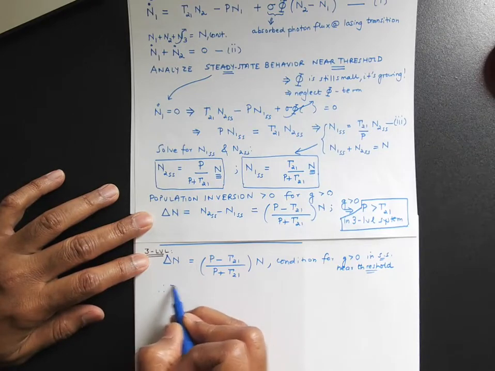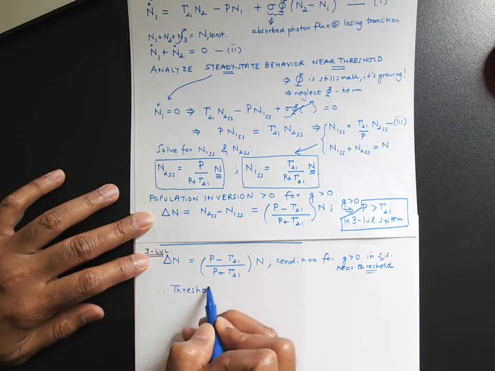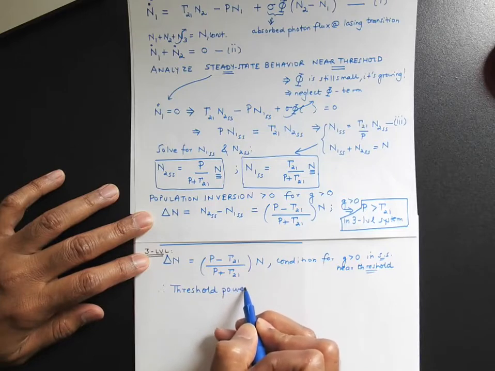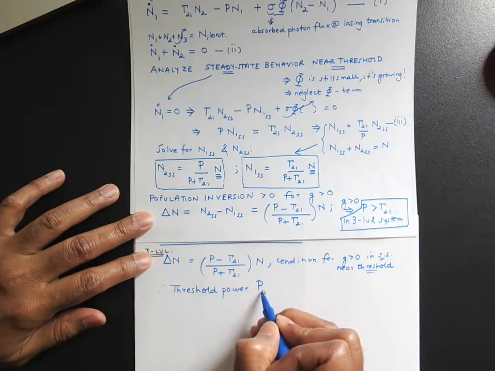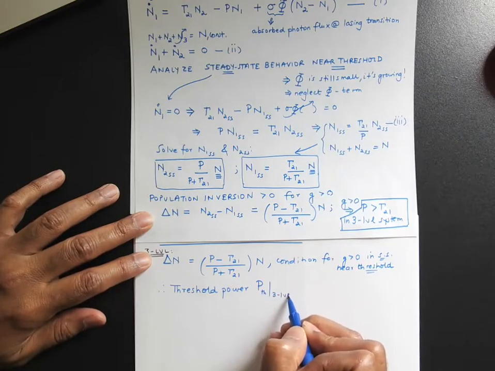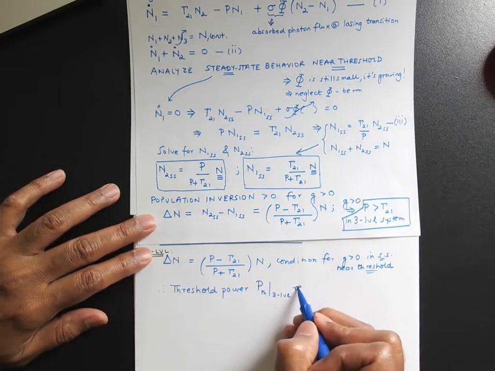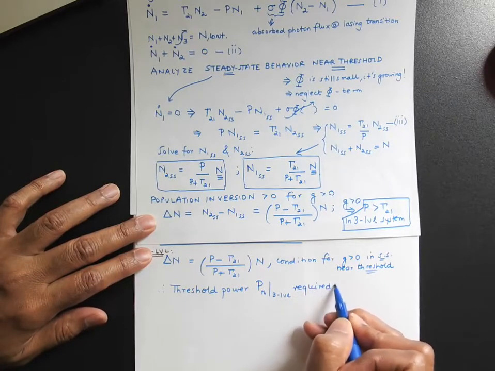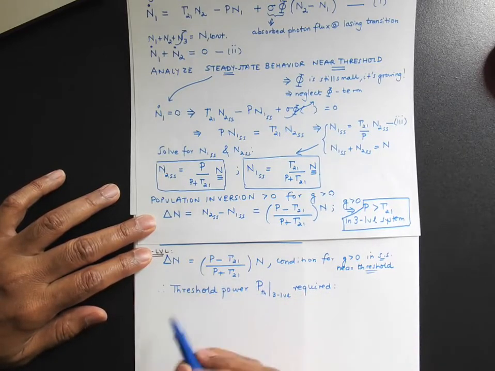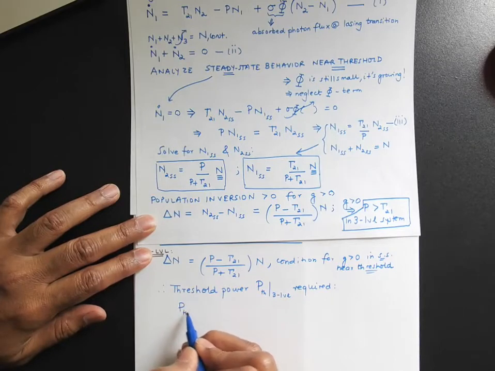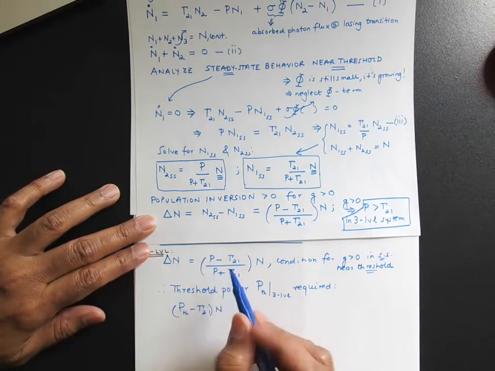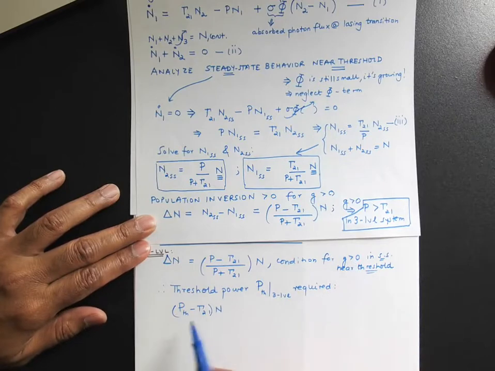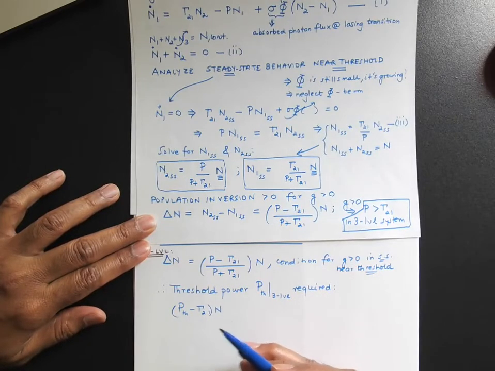From this, I can actually find the threshold power, and I will put in numbers like I did last time. This threshold power, P threshold, for the 3-level that is required, just by rearranging this. At threshold, delta n will be 0, it's just beginning to be greater than 0.